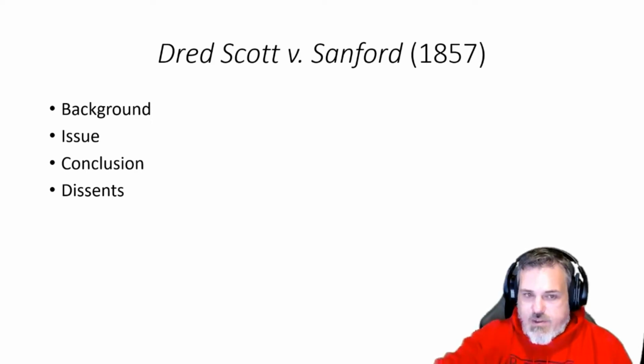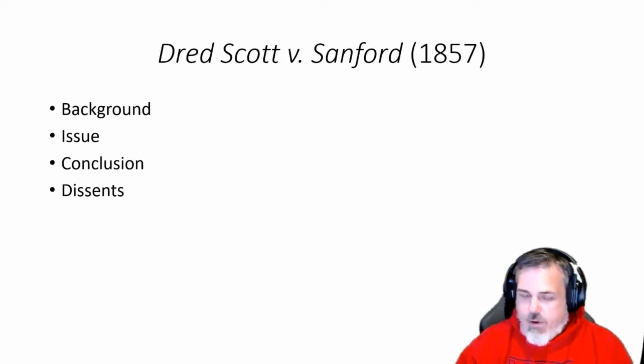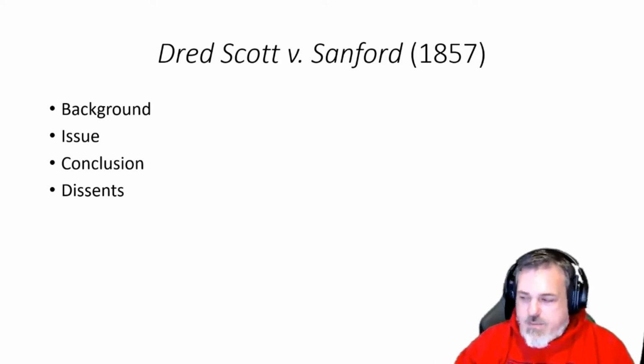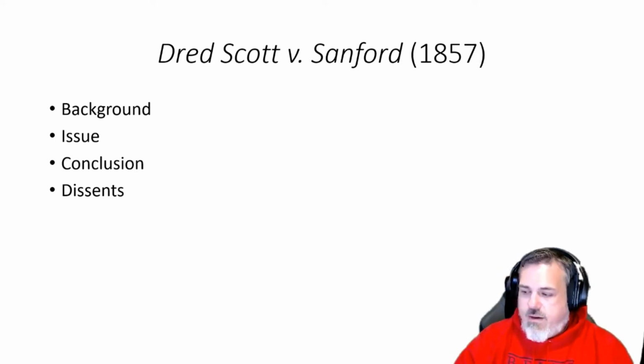So in this case, you'll see on the slide, I have it Dred Scott v. Sandford. If you were to look it up, it would be Dred Scott v. Sandford. The reason for that is that in the bill of sale, they misspelled Sanford's name. So that's all that you need to know. And as a caveat, Sanford was a resident of New York at the time.